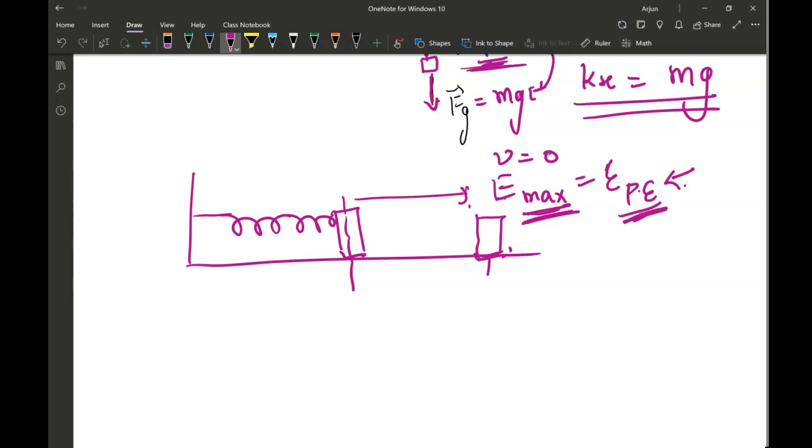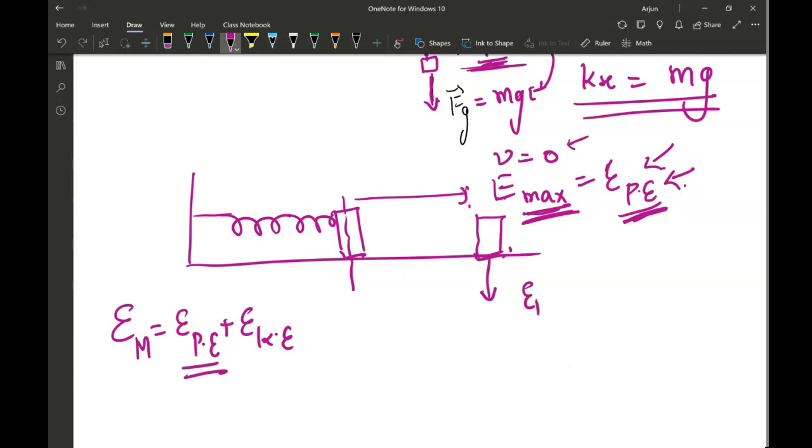Remember from the previous classes, mechanical energy is the sum of potential energy plus EKE. This is the spring potential energy that is stored. There is kinetic energy also, but at this location, because the velocity is zero, EKE will be equal to zero.